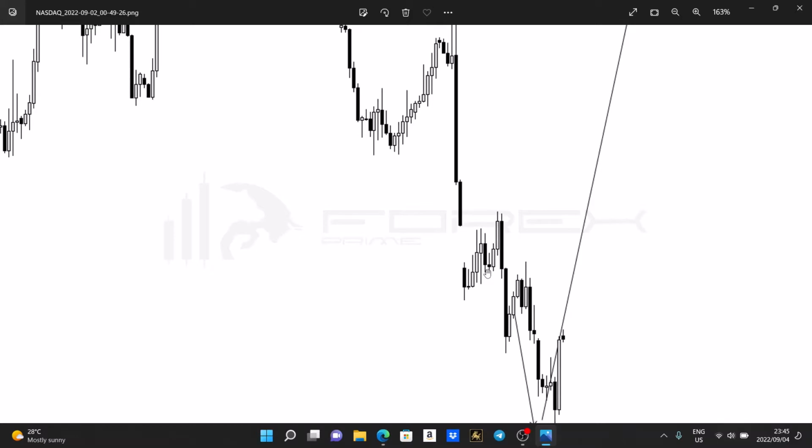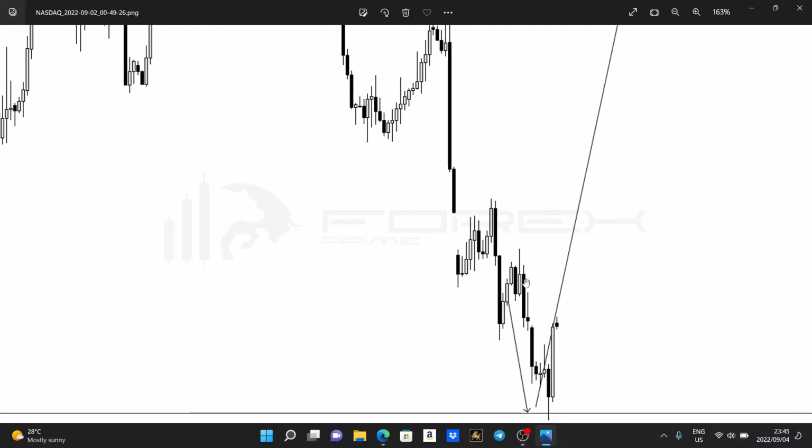That is what you call an ICT breaker, and these two up close candles are also an order block, and we also have a fair value gap. So that was nice confirmation that we will continue lower, and obviously price taking out this low means that we have a break of structure.